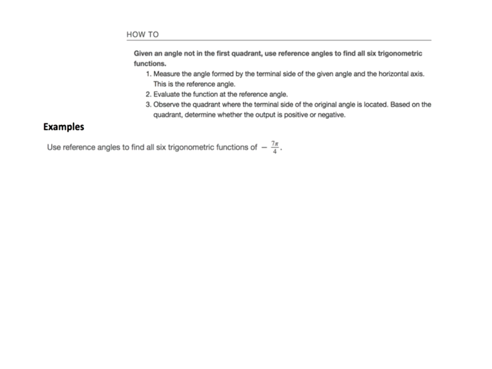Okay, so we have negative 7 pi over 4. Let me grab a unit circle for us to look at. I think this would be helpful. I've got one right here on my desktop.